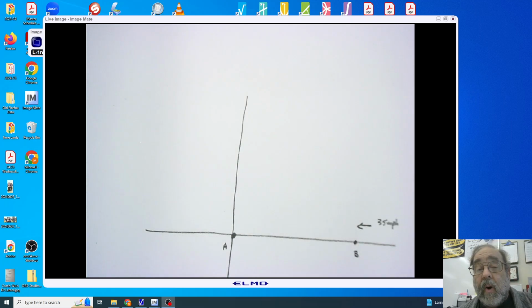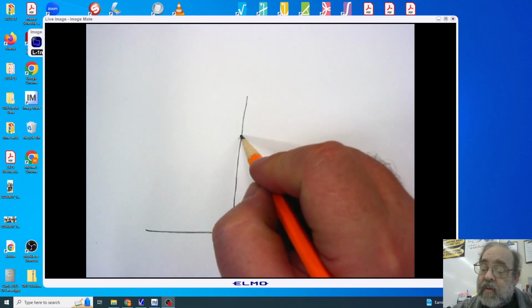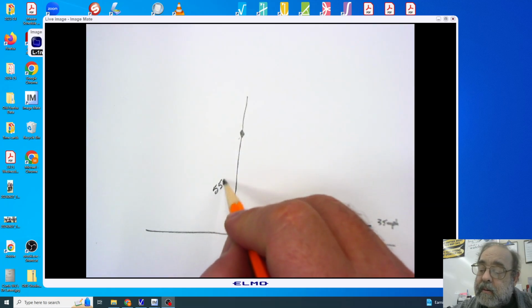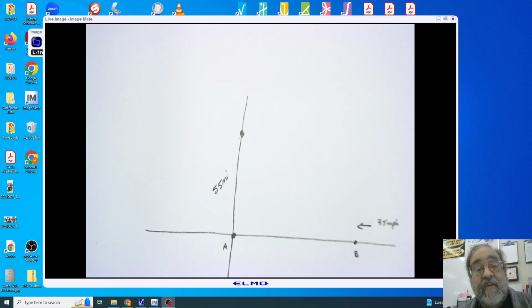Well, 1 hour later at 1 p.m., car A has now moved northerly 55 miles. That's because it was moving at 55 miles per hour and only 1 hour has transpired. Meanwhile, car B has moved 35 miles and is now 15 miles from the intersection.